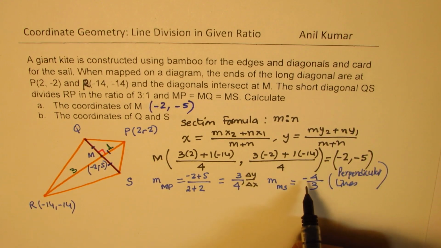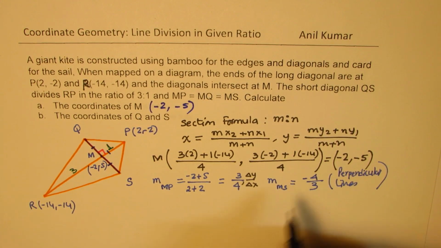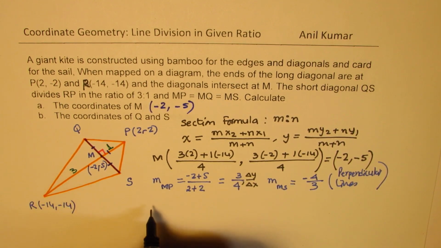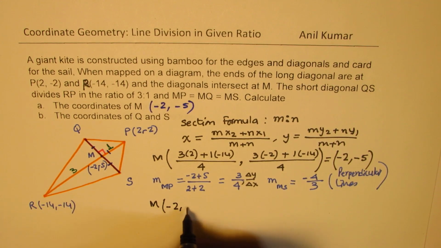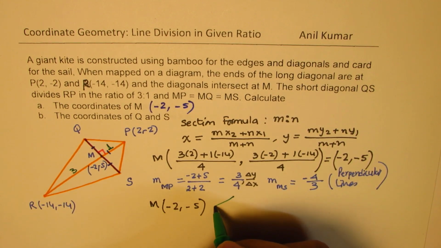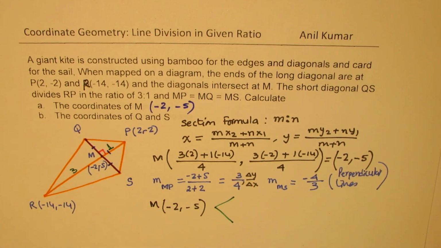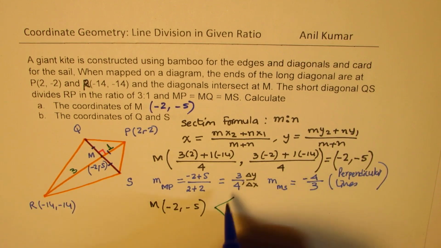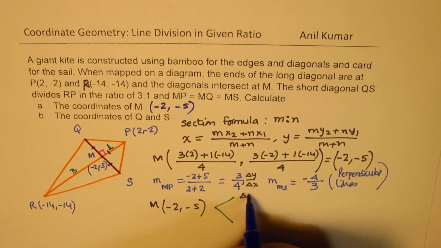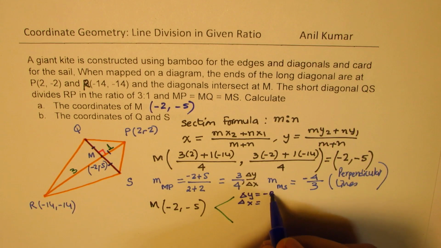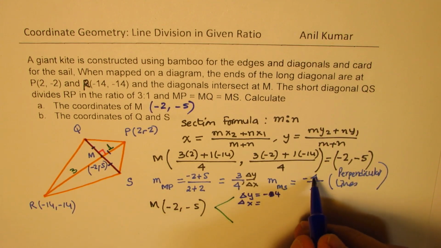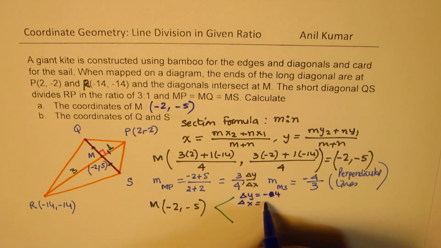So when I say minus 4 over 3, then really it means that from M, which is at minus 2, minus 5, we are looking for 2 points where it could be delta y is minus 4, delta x is 3.